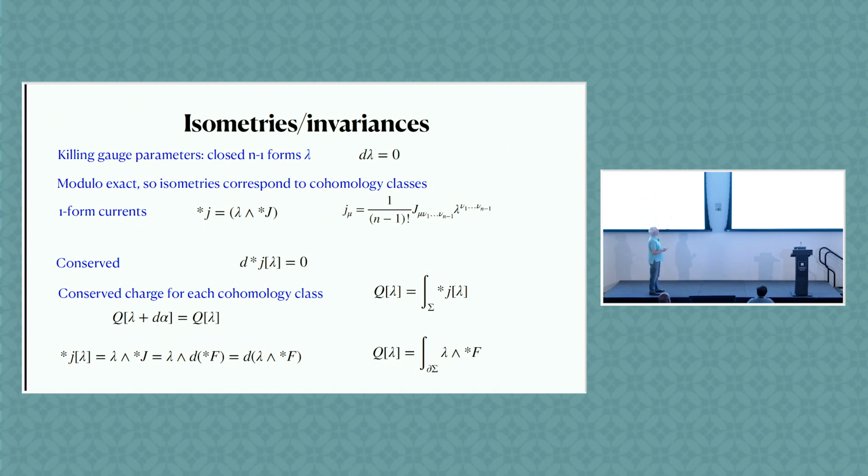And because the exact forms don't act, we're really looking at a cohomology. So the isometries correspond to cohomology classes. And we have currents, which can be written in this way, which are conserved, and there's a conserved charge corresponding to each cohomology class, which can be written in this way, and we get a form of the familiar electric charge for this object.